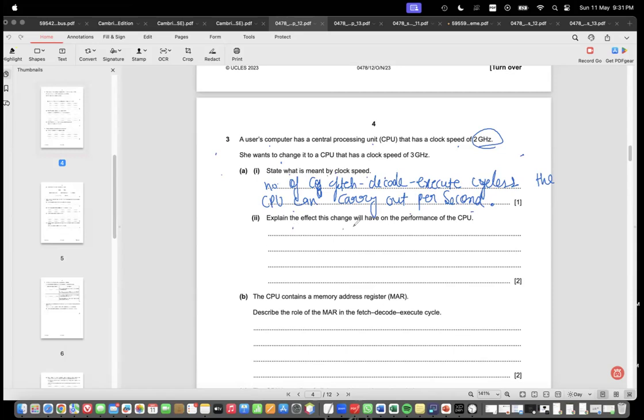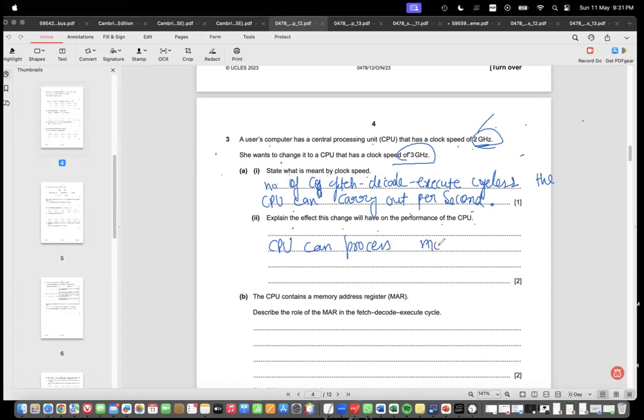What is the effect this change will have on the performance of the CPU? If you are increasing the clock speed, this means your CPU can process more instructions. Before this change, it was processing 2 billion instructions per second. But if you are changing the speed, your CPU can perform 3 billion instructions in 1 second.